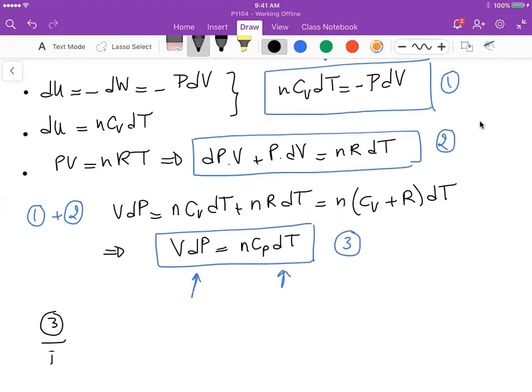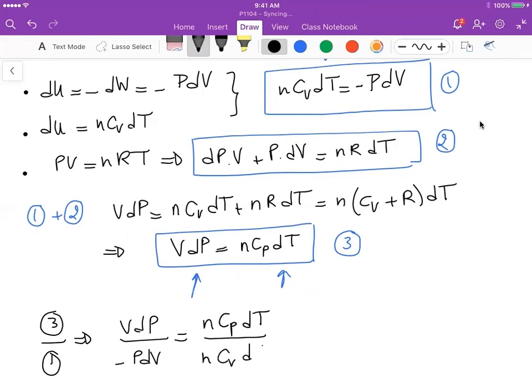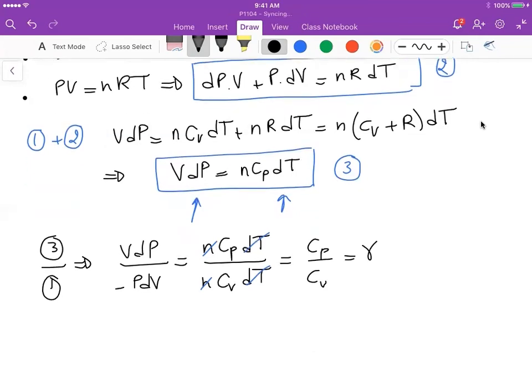Why? Because 3 over 1 gives V dP divided by minus P dV equal to n Cp dT divided by n Cv dT. Don't forget that dT and n are the same factor on both sides, so we end up with Cp over Cv.